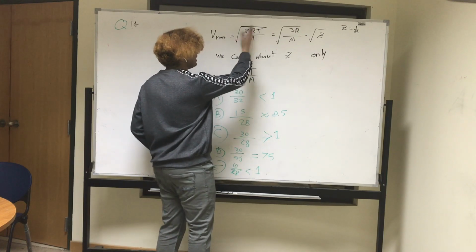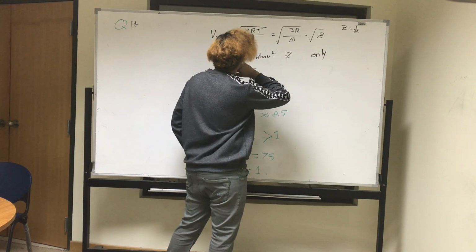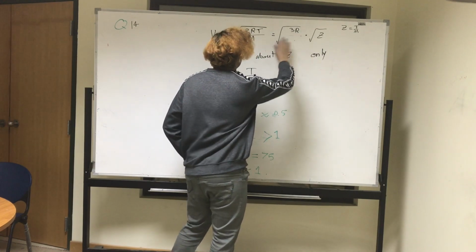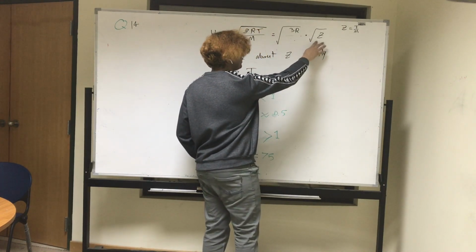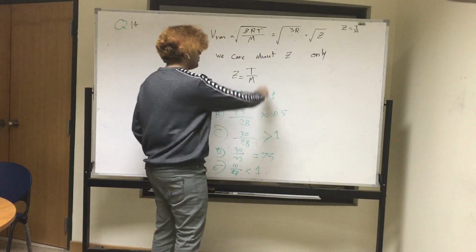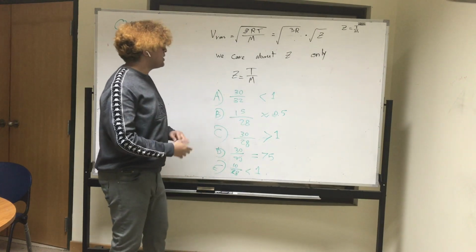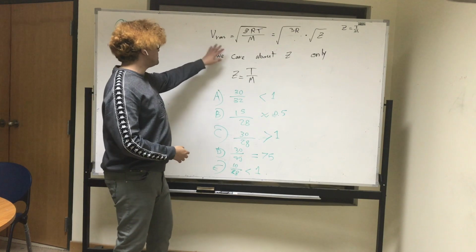So we can take out the square root of R, times the square root of Z, where Z is the temperature over the mass. So we only care about Z, okay? Z is the temperature over the mass, and it's the value that if it's big, then our RMS speed will be big.